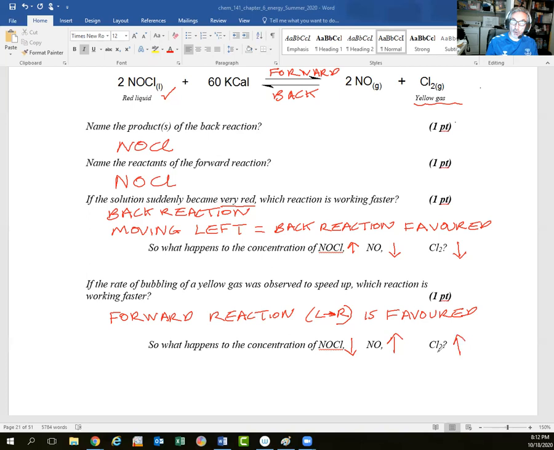When we're talking about the forward reaction, we're moving from left to right, using up the chemicals on the left, producing the chemicals on the right. When we're talking about the back reaction, we're talking about a movement from right to left, using up the chemicals on the right, producing the chemicals on the left. That's where the back reaction is heading.